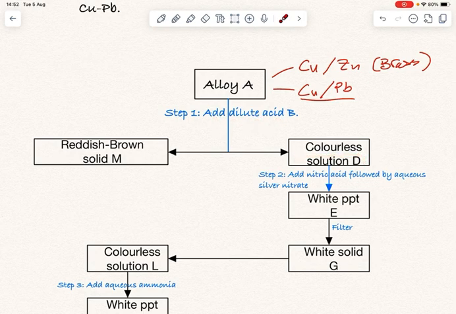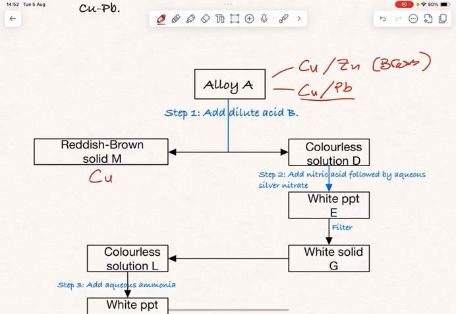When we add acid to the alloy, copper doesn't react with acid, so you will get your copper here. So your solid M must be copper.